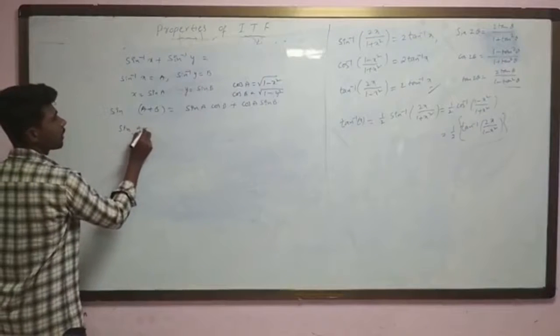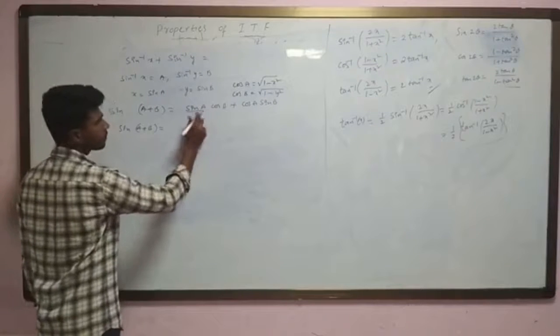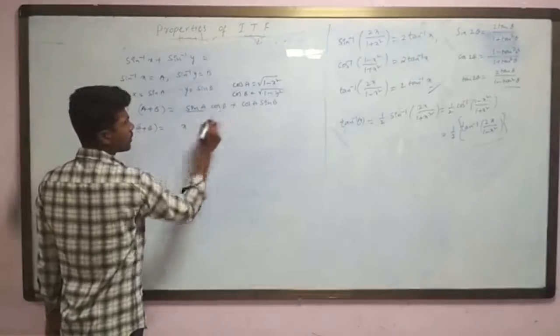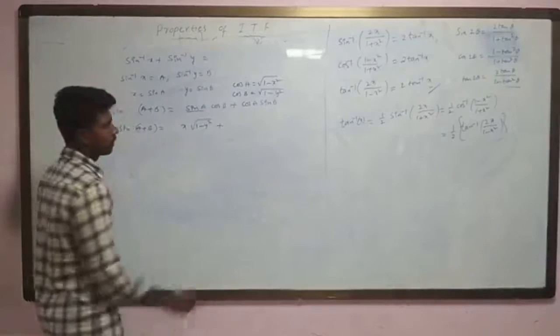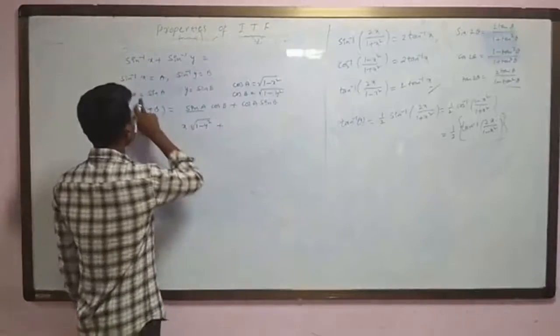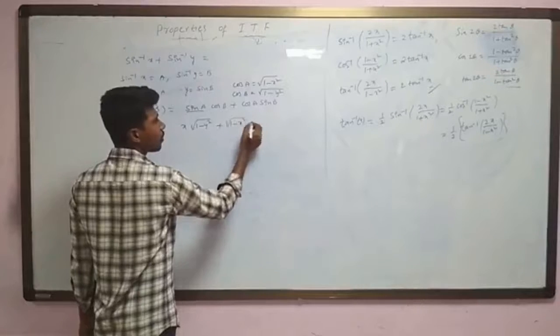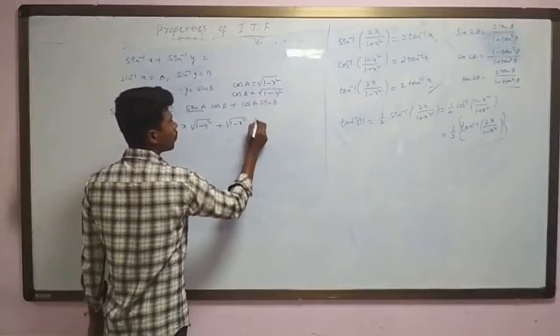Sin of A plus B is equal to sin A, which is x, into cos B, root of 1 minus y square, plus cos A, root of 1 minus x square, into sin B, which is equal to y.